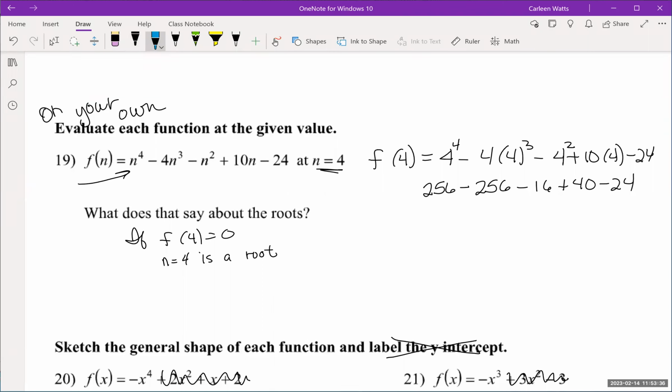Which is 256 minus 256 is 0. Negative 16 and negative 24 is negative 40 plus 40 equals 0. So F of 4 equals 0. If you plug a number in and you get 0, then yes, it is a root.